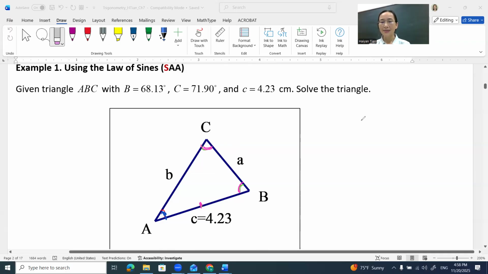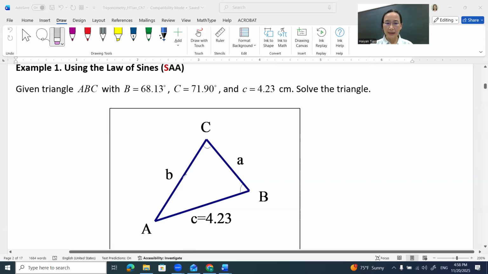Recall that the sum of the three angles of a triangle is 180. So A plus B plus C should be 180 degrees. If we know B and C, we can certainly find the measure of A. So quickly we can find A.